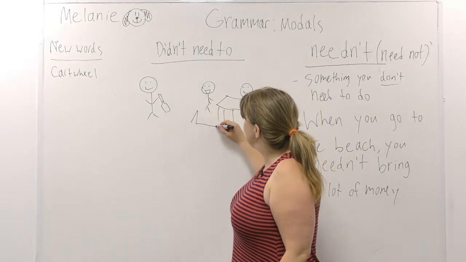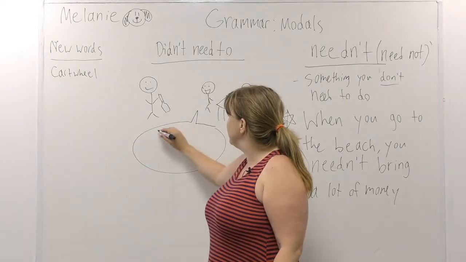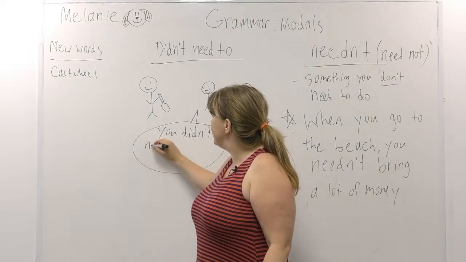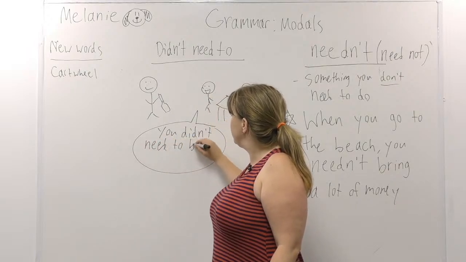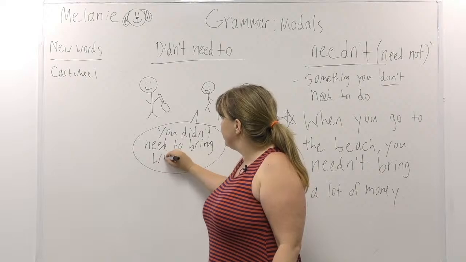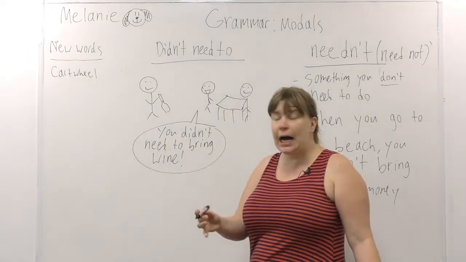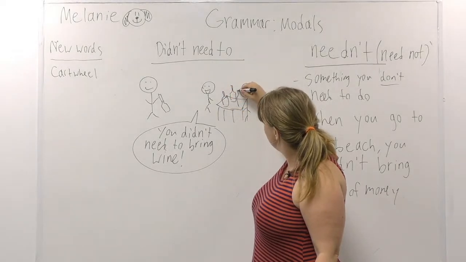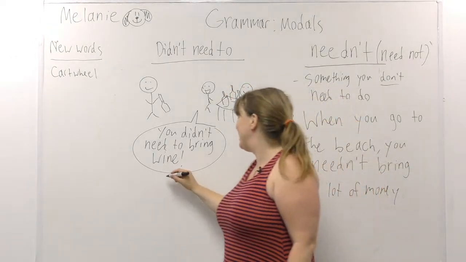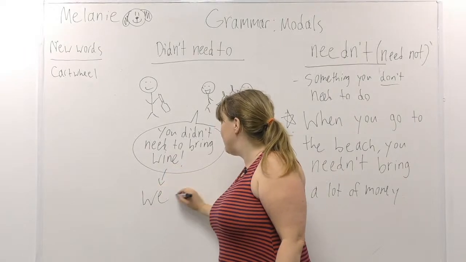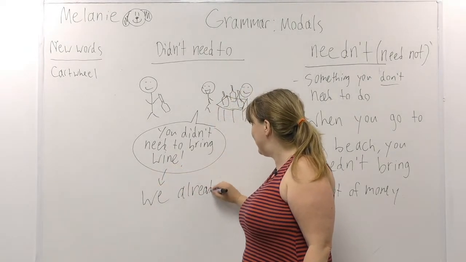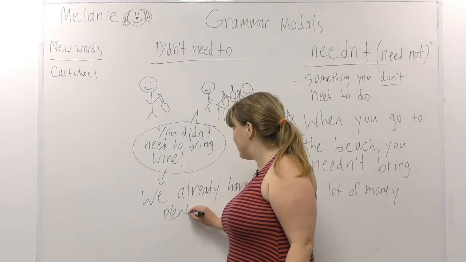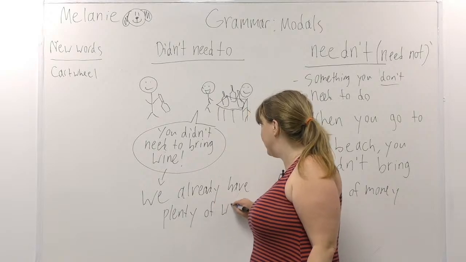And then maybe they say, oh, you didn't need to bring wine, because we already have a lot of wine here. Woo, it's a party. So we already have plenty of wine.